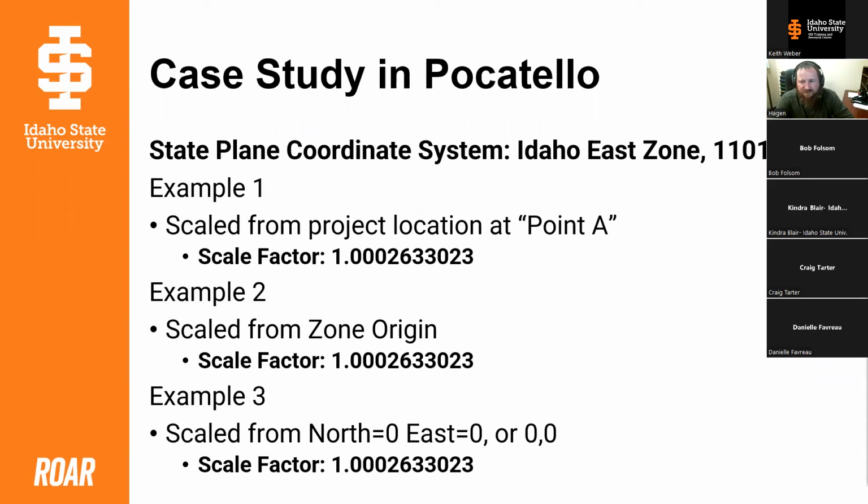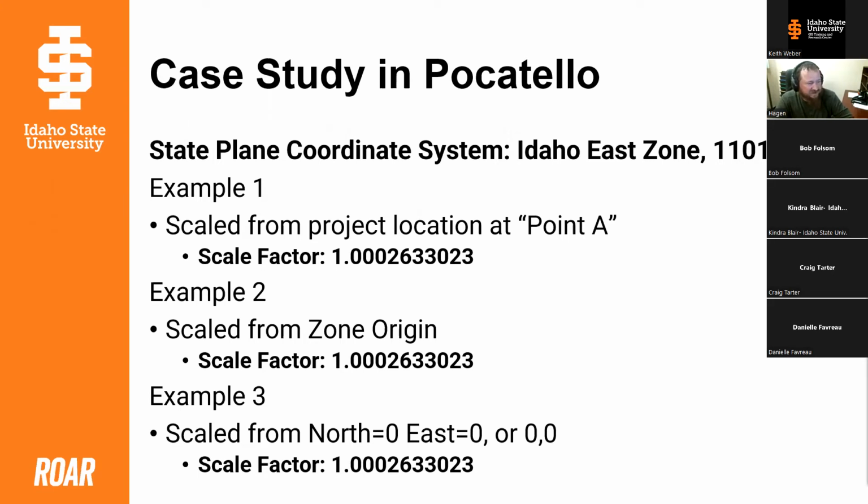In the first example, these are all points in the Pocatello area. I'll show you in a Google Earth image in just a moment how these points are related to each other. In the first example, we're going to look at one where a surveyor is scaling from a project location. We're going to look at one where the surveyor is scaling from a zone origin for our second example.